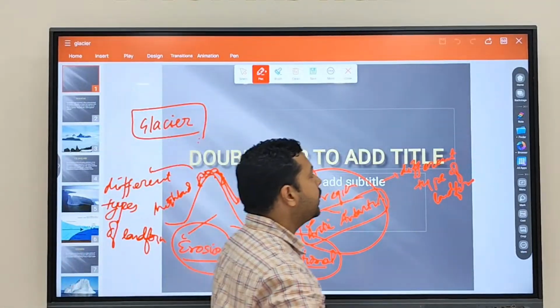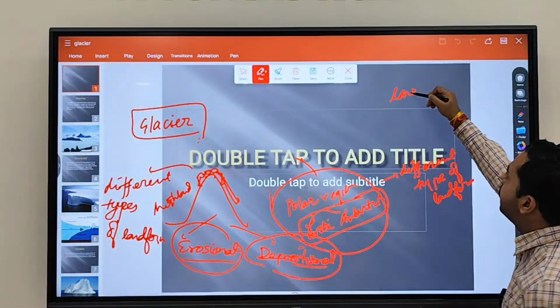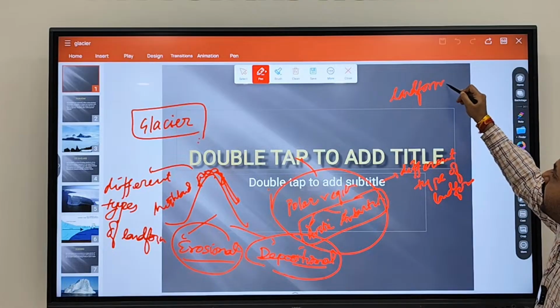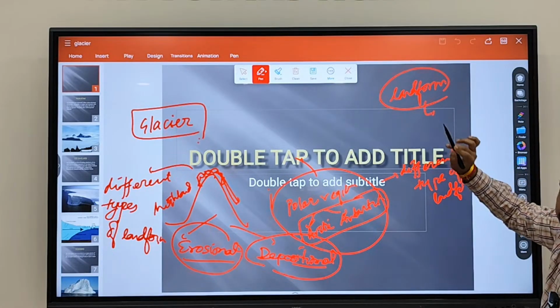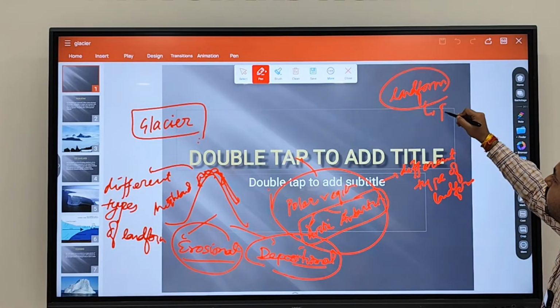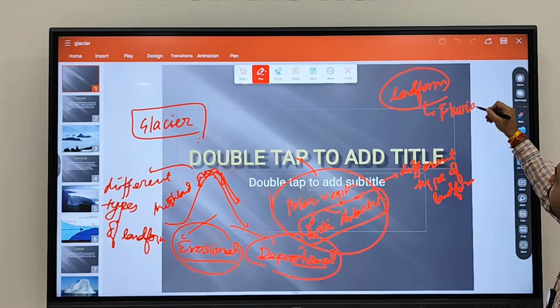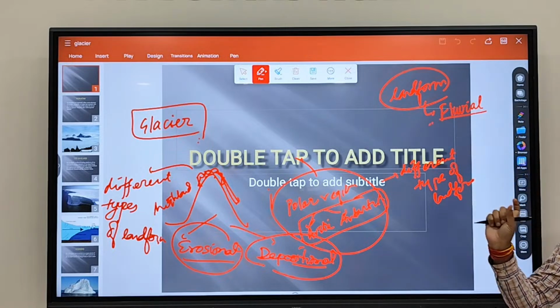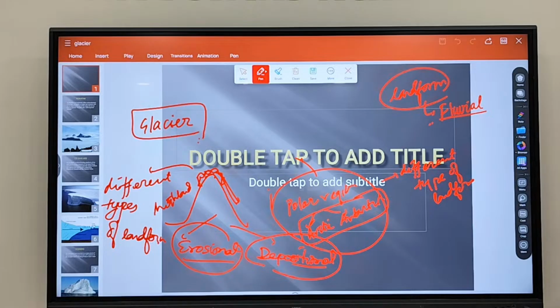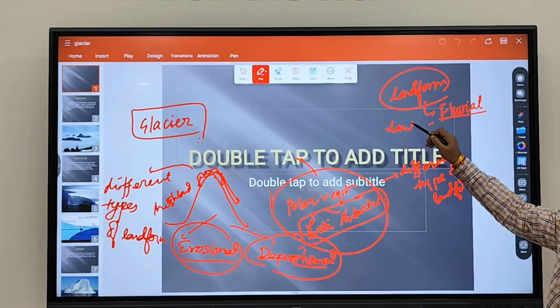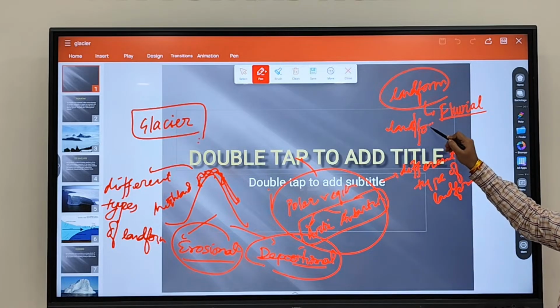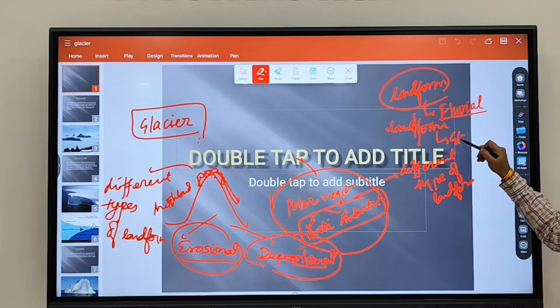So landform that are made by the rivers, like what are the landform that we have discussed? Landform that are made by the rivers are referred as a fluvial landform. So last class we discussed this term, fluvial landform. And whatever the landform that are going to be made by the glacier are going to be called glacial landforms.